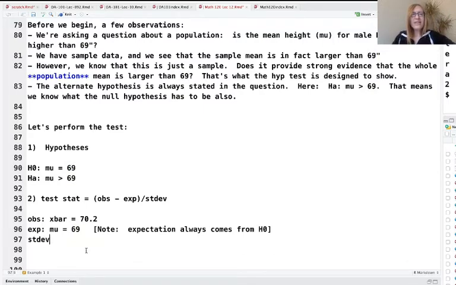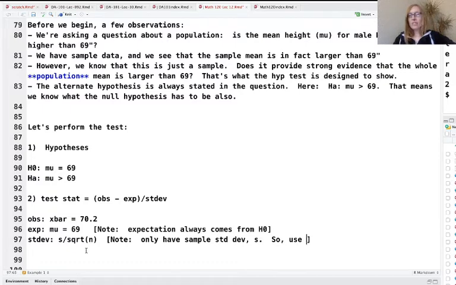And our standard deviation, we're talking about means here. So we're going to use s divided by the square root of n. Talking about means, so we're using this formula. Maybe one note here, note, only have sample standard deviation, s.